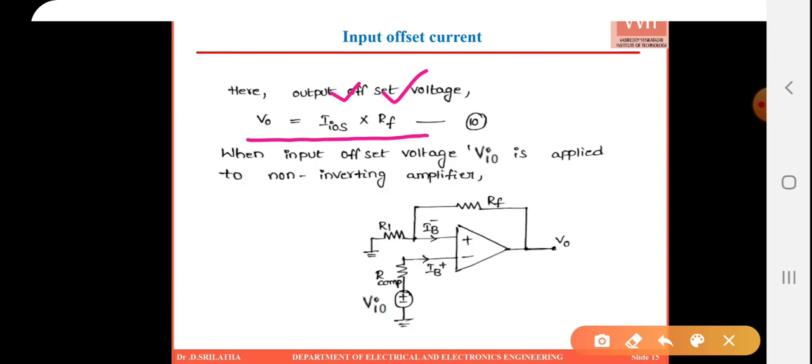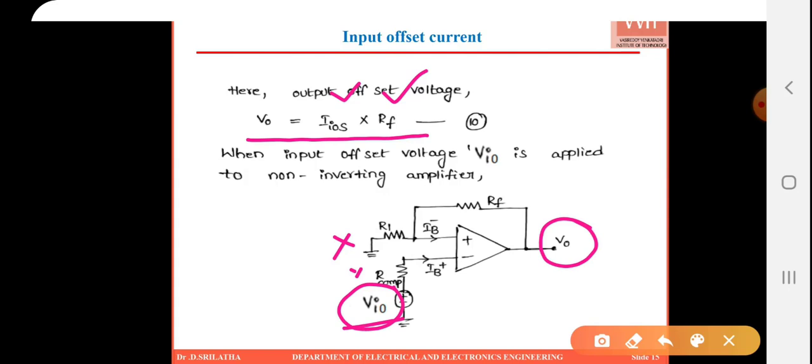Now, let us see what the input offset voltage is and what its effect is. Here, I am not applying any voltage to the two terminals of the op-amp. This is the input offset voltage, due to which some voltage will appear across the output of the op-amp. What is input offset voltage?